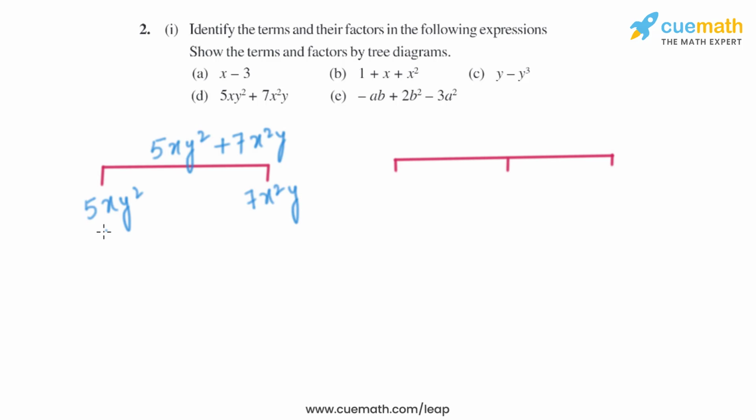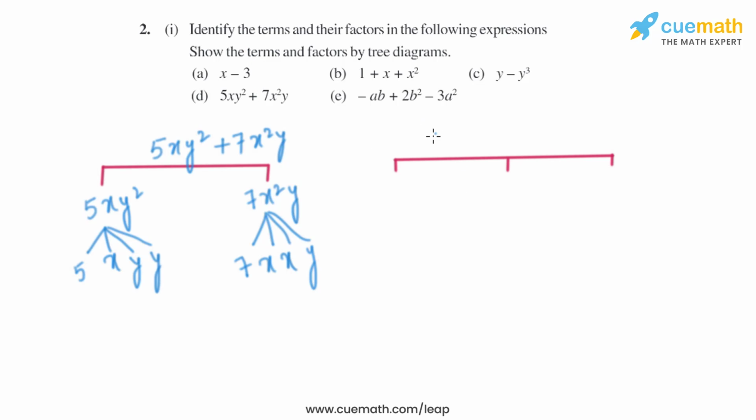The factors of 5xy square are 5, x, as 5 can divide 5xy square completely, x can divide it completely, and the factors of y square will be y and y. Similarly, we will do for 7x square y. It will be 7, x, x as there is x square, and similarly y. So these will be the factors of 7x square y.